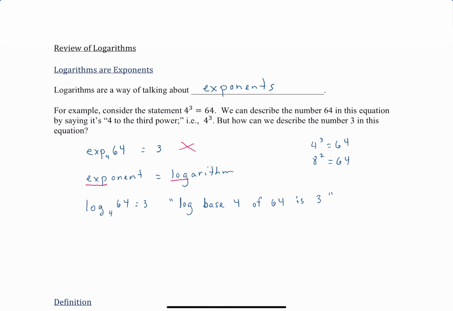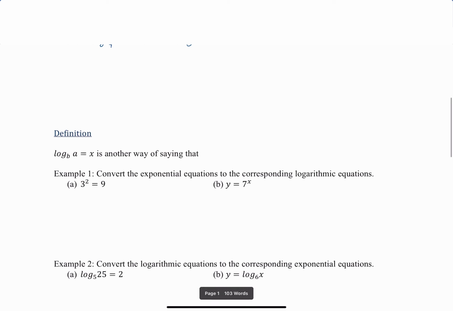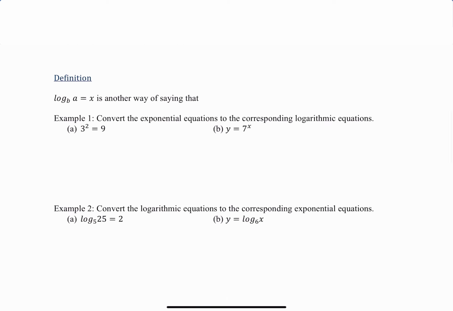So the definition of log base b of a equals x is just another way of saying that if you took b and raised it to the x power, the answer you would get is a. So b to the x equals a is another way of saying log base b of a equals x.